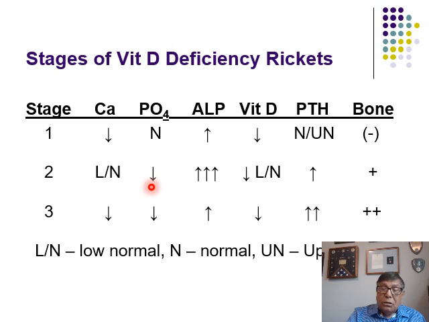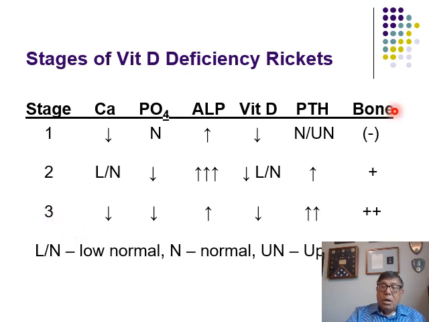Now there is phosphate diuresis, so phosphate is low. Look, alkaline phosphatase has gone up, and vitamin D is low to low normal. And from here you see the X-ray changes, and this is the most advanced form of rickets.